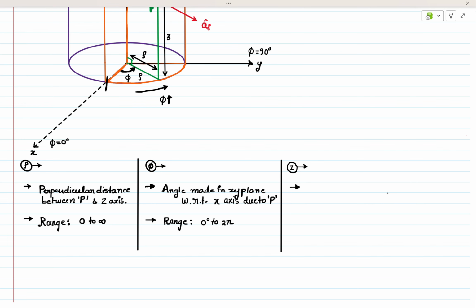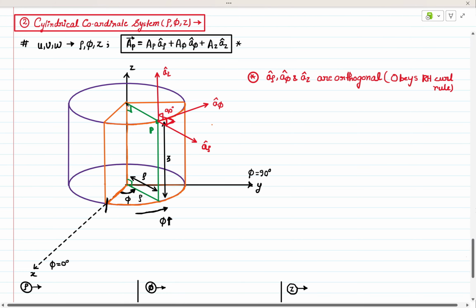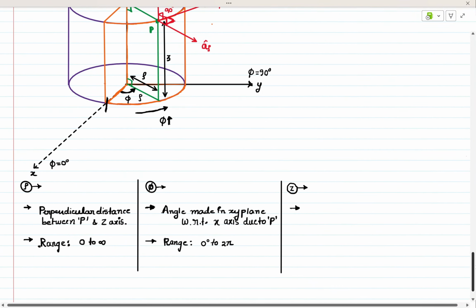Look at the portion clearly. What is this Z? Z is nothing but the height of that point P, right? The height above the xy plane for that point P. Or you can also say that it is the distance between point P and the xy plane. So that's what I am writing over here.